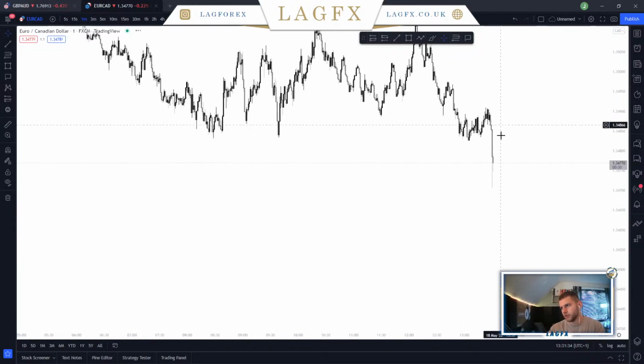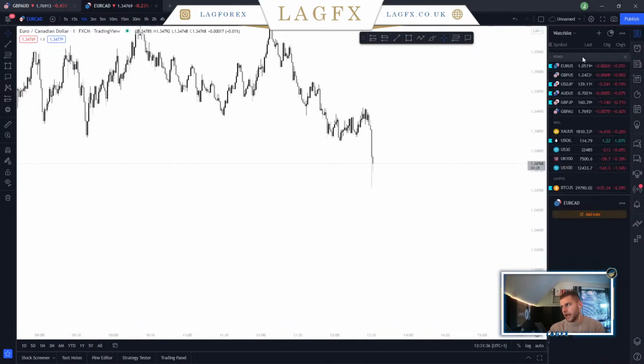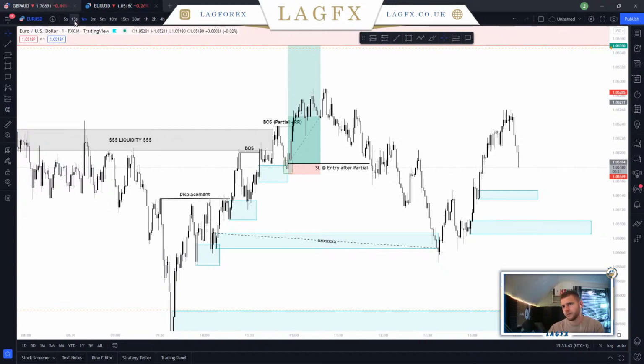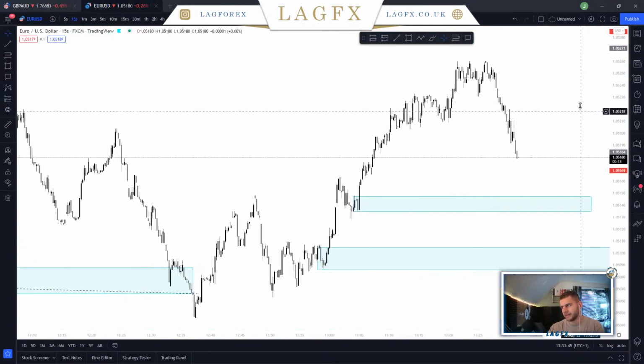Where we can see that on the actual release we've had a heavy push down. On this market, nothing too major, but it has introduced the volatility we were saying that we needed, just to push the market down slightly.